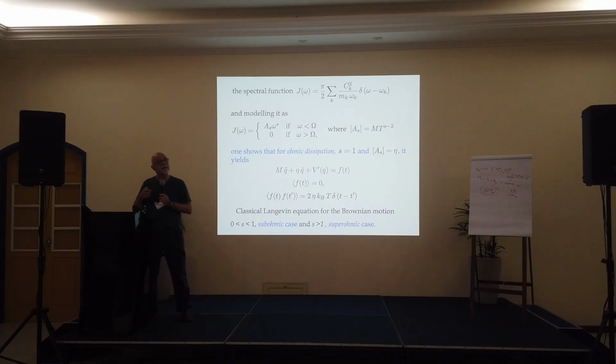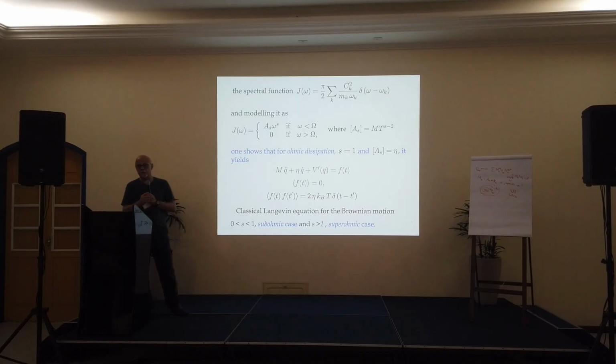This model is always valid if I can assume that the environment is being acted on by the external particle in such a way that it obeys linear response theory. Every time I can use linear response theory for the environment, done, I can use this sort of model of oscillators. So it's quite general. It's much more general than we can initially think.